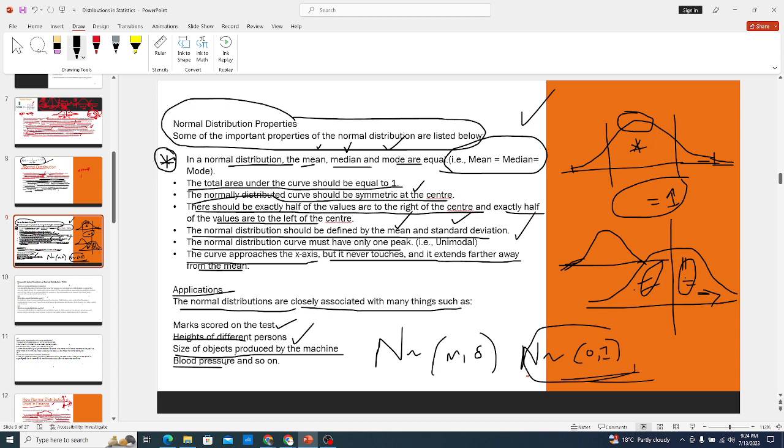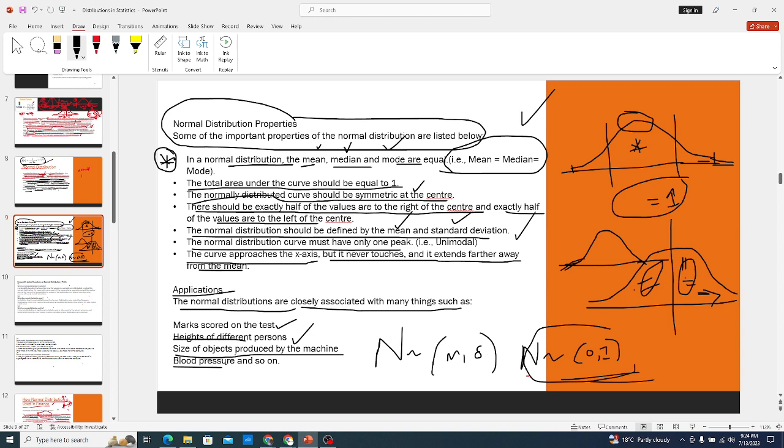If you are doing research and you have data of all your patients with blood pressure, and you plot that data, you will come up with this kind of normal distribution. All your data will tend to follow a normal distribution.